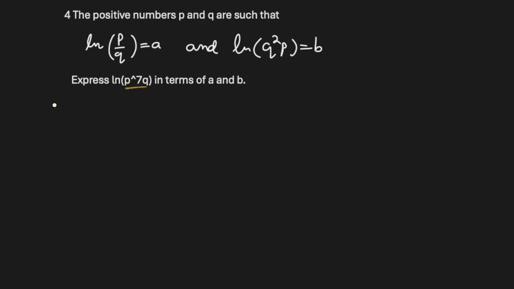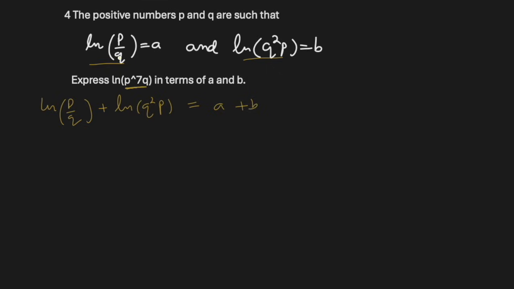Yeah, so natural log of p over q, plus natural log of q square over p, I'm adding this and this, will be equal to a plus b, correct?